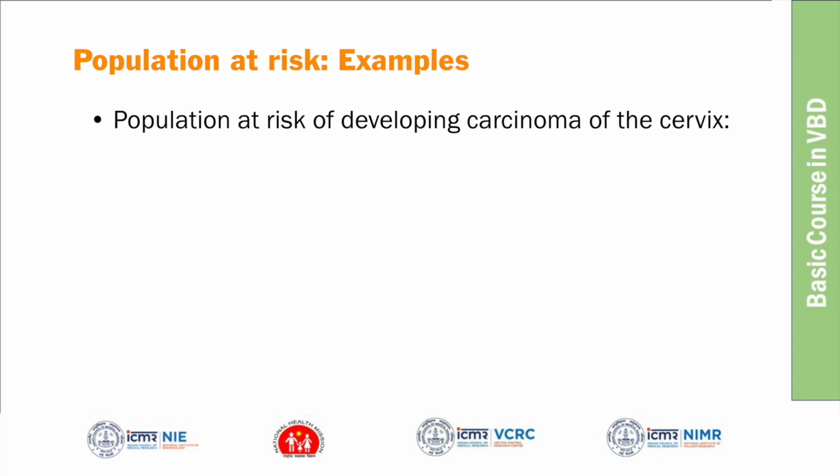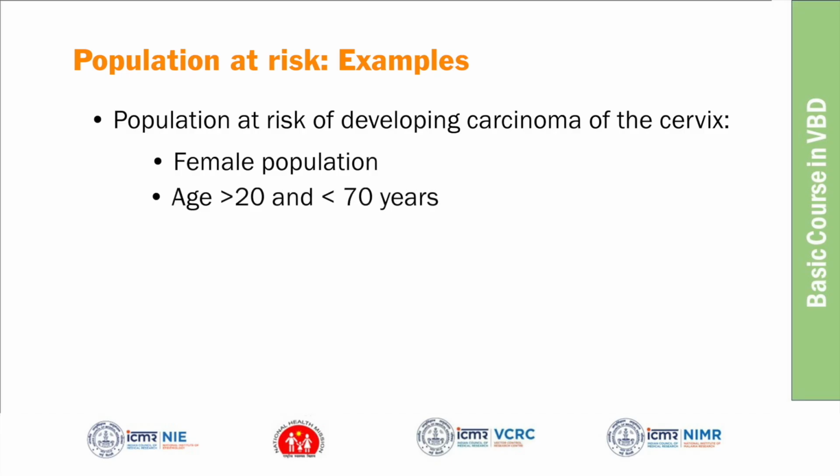The population at risk of developing carcinoma cervix includes only women, does not include men, and maybe only in the age group of more than 20 to less than 70 years, because this is the age group in which carcinoma cervix is most likely to happen. So it is limited to that portion of the population which is susceptible to get cervical cancer. Of course, men are not susceptible. Very young individuals are not susceptible to get CA cervix.